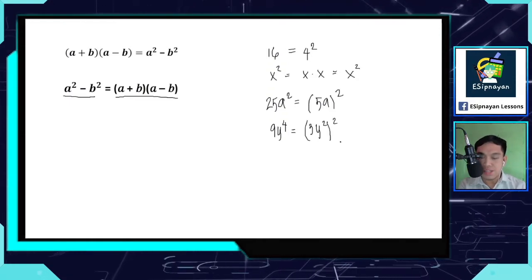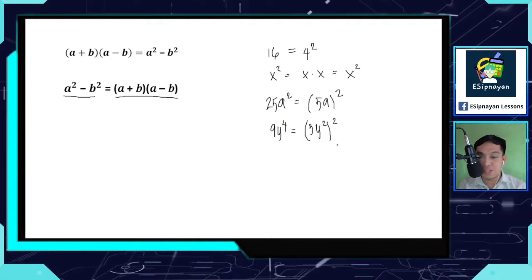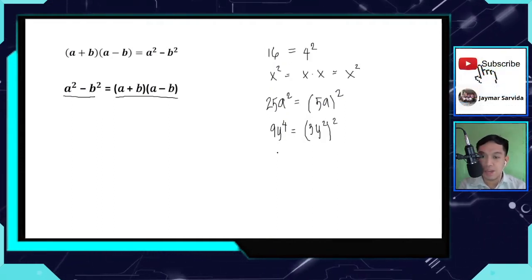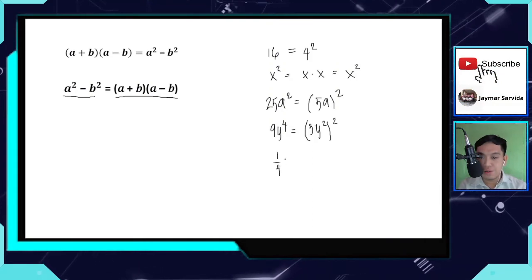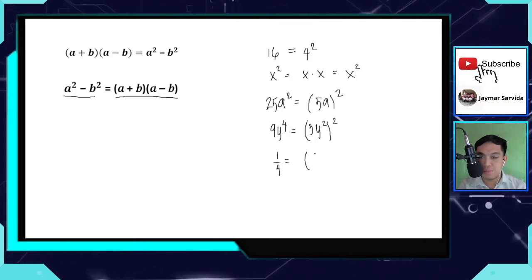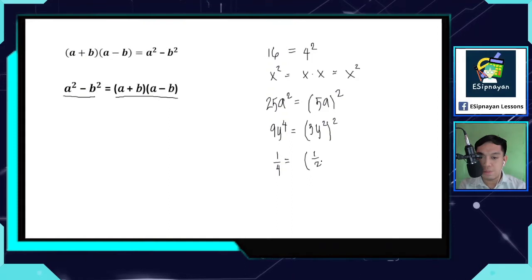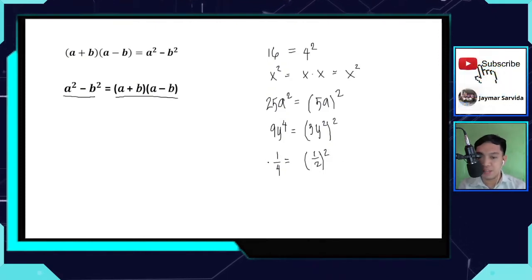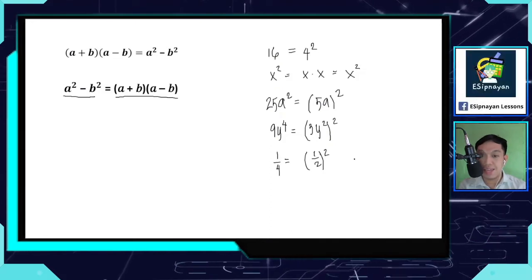What about yung 1/4? 1/4 is equal to the quantity of 1/2 squared, or 1/2 times 1/2, that is 1/4. So, yan yung concept ng perfect squares. I hope na-recall ninyo kasi magagamit ninyo yan dito sa ating lesson.